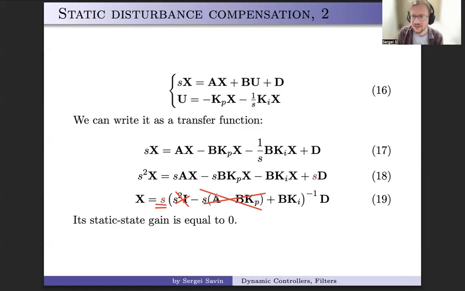So after we cancel all of those terms, we have S divided by BK, and S itself is going towards 0. So the whole thing goes towards 0. Everything goes towards 0. And that is the whole point of this control. It doesn't have a static, its steady state gain is 0.